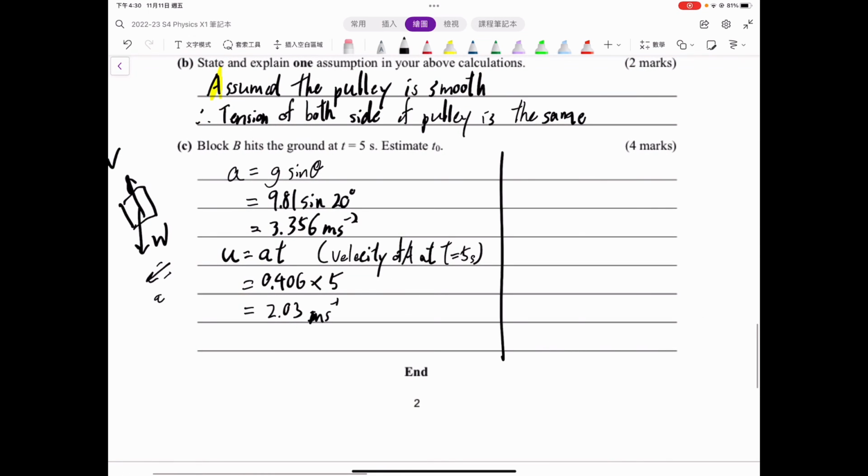Then you apply v equals u plus at. The final velocity is 0 because it would be at rest. So t here will be equal to 0.61 second.